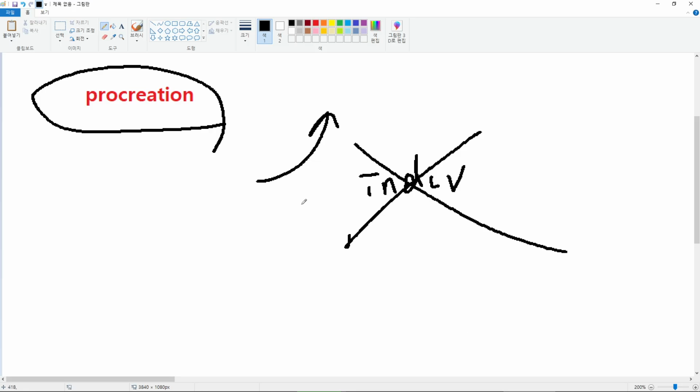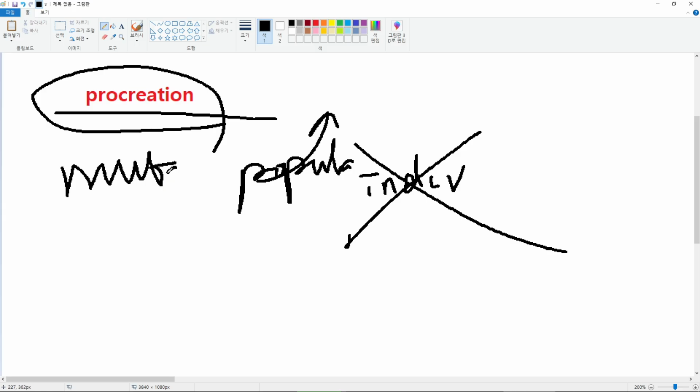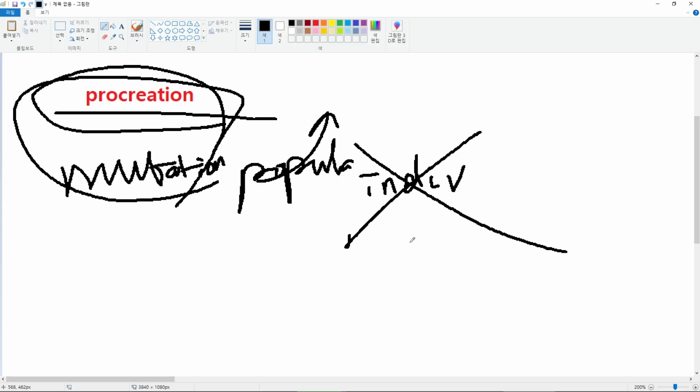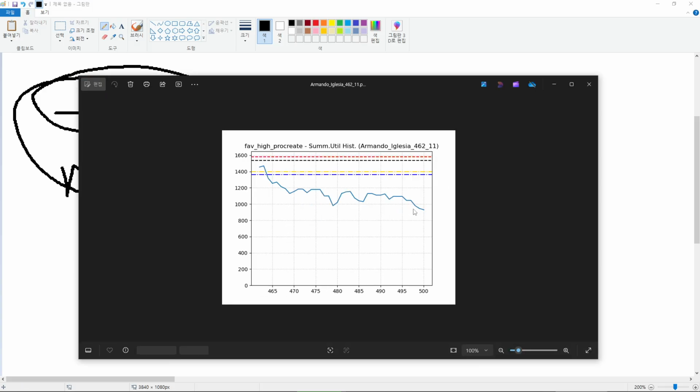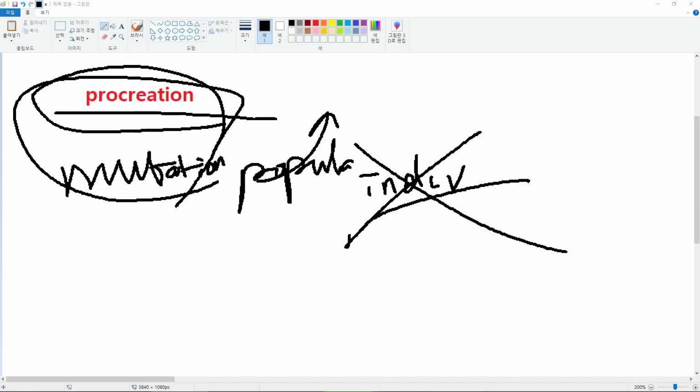So this is on a collective level, procreation, and so was mutation. But when only these two are provided, individuals rarely ever improve over time or over generations. So that's a bad thing, and I can say that is an objectively bad thing.